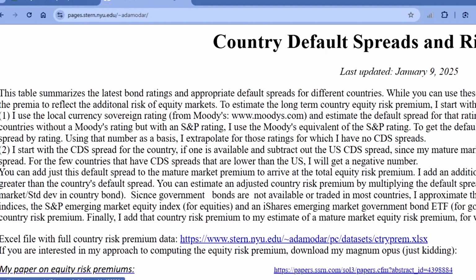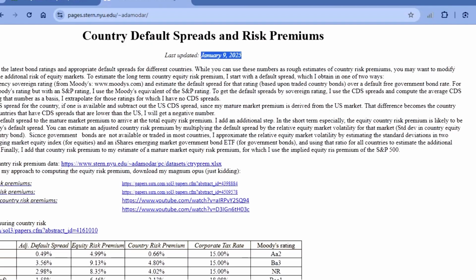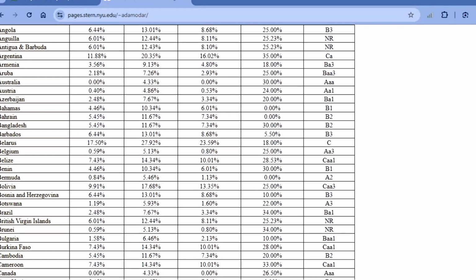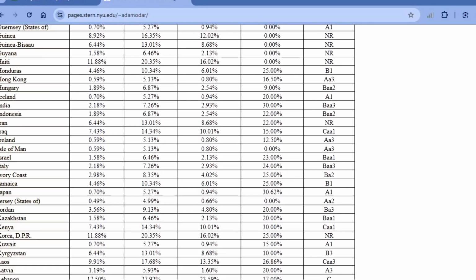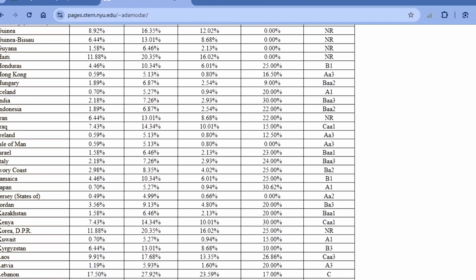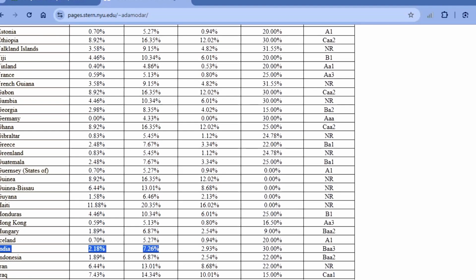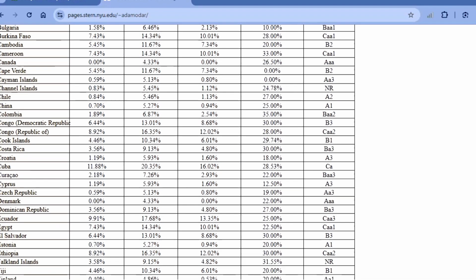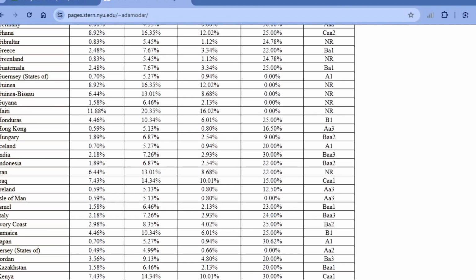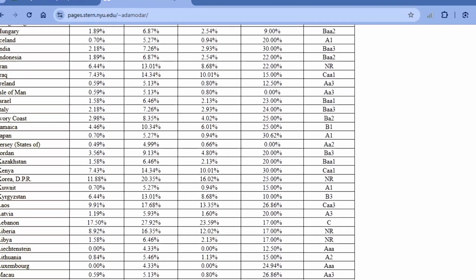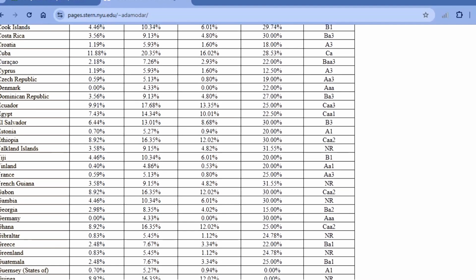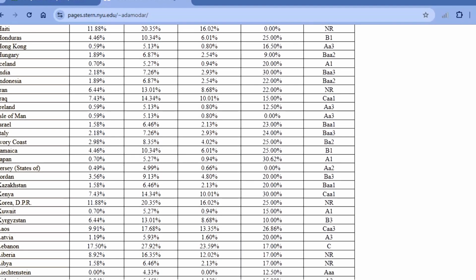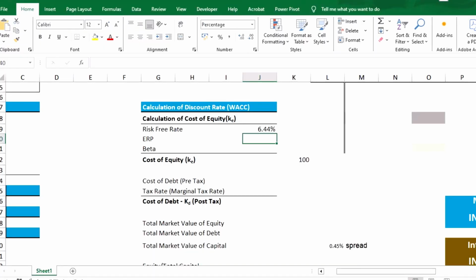This was last updated in January. Find India. This is India. This is the equity risk premium, 7.26. There are multiple ways, but now you can directly pick from this website. It is very much trusted, I would say. So I would take 7.26. Come over here.